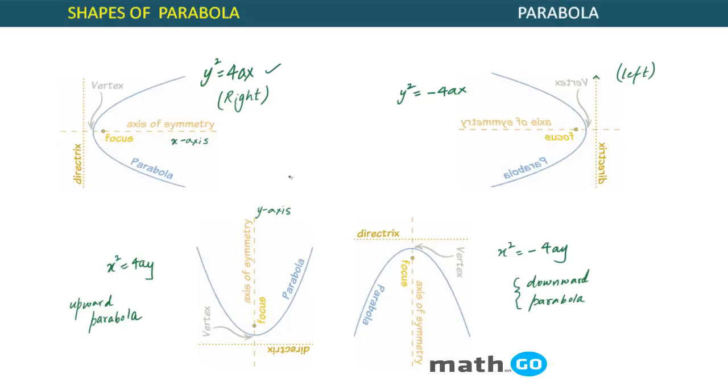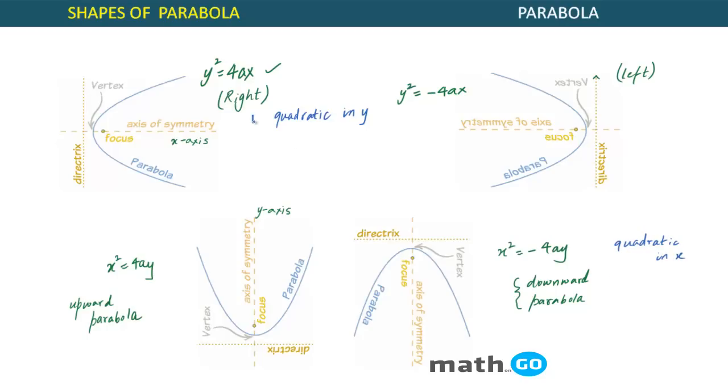Also, another important thing to remember over here is that in these first two cases, you will get a quadratic in y. Can you see this? It is quadratic in y. In these two, you will get a quadratic in x. Right?